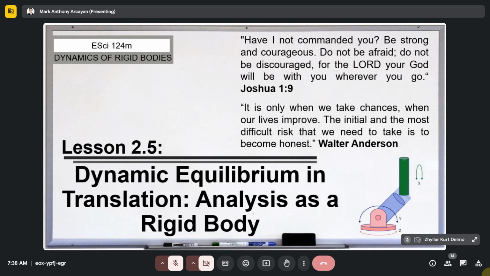Okay, so category A, aside from taking summation of moments, aside from using the D'Alembert's principle, we will also utilize summation of moments here in order for us to find the dimensions, maybe dimensions or maybe unknown forces. So it's like nadagdag nga, the dynamic equilibrium equation, which is the summation of forces.